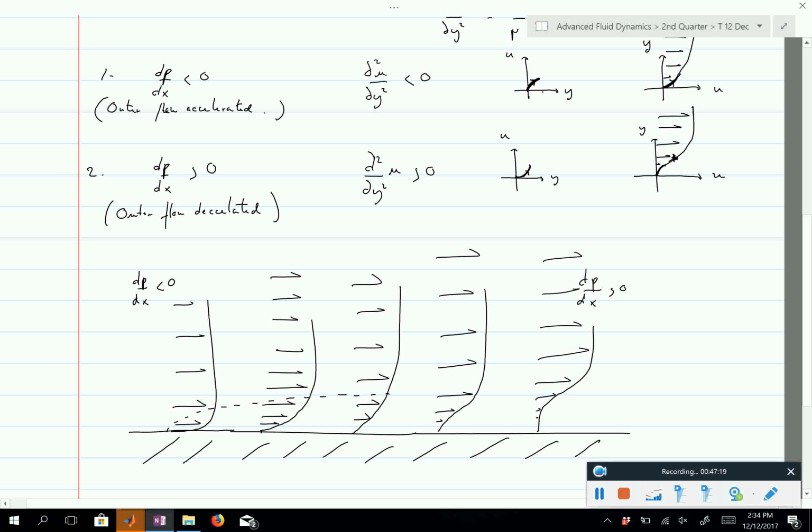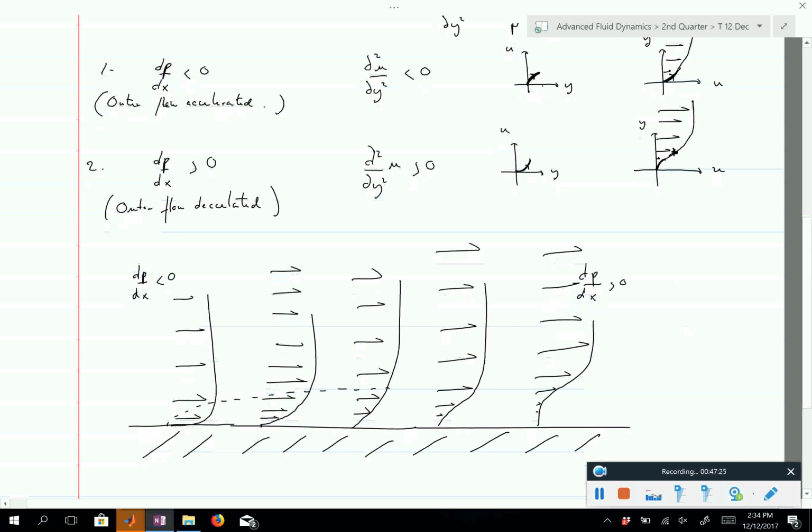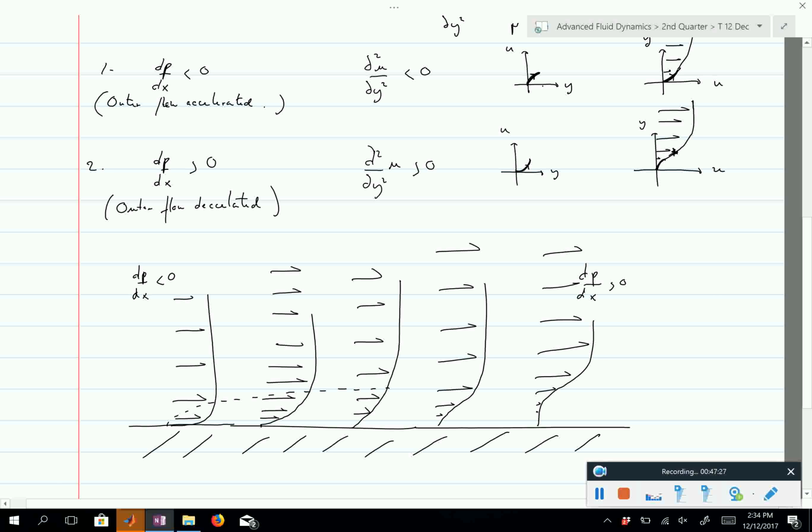Right? So at some point what you might get is that you have an inflection point, and eventually you might even have an inversion of the flow. Right? Because you have that positive curvature for u as a function of y.